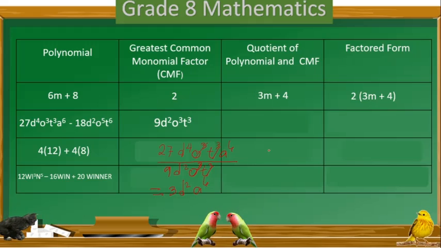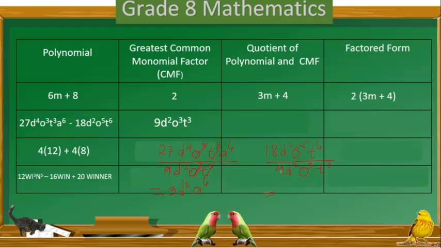Then the second is 18 d squared o to the 5th then t to the 6th divided by 9 d squared o cube then t cube.